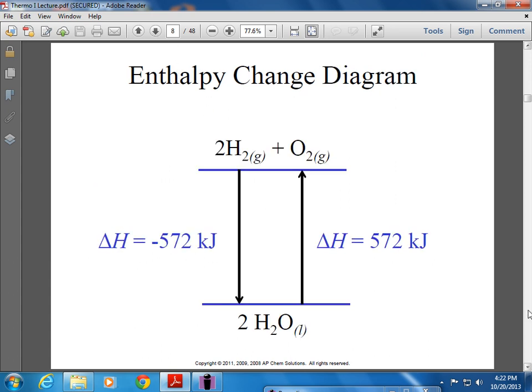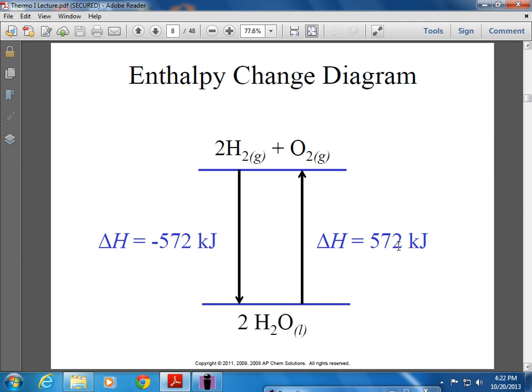Here's a diagram of what happens. If hydrogen and oxygen are burned, it releases negative 572 kilojoules of energy to form 2 moles of water. That's great. Opposite side of this, if we want to go water back into hydrogen and oxygen, 572 kilojoules of energy have to be brought in.